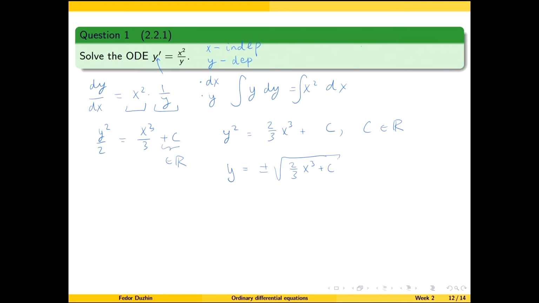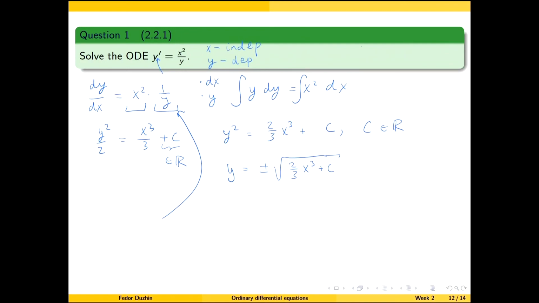Is it done? Not yet. Because notice that it is actually good to do this in the beginning, but I delayed it on purpose. The right-hand side of our differential equation has division by y, right? And if y equals 0, then we couldn't divide by y.